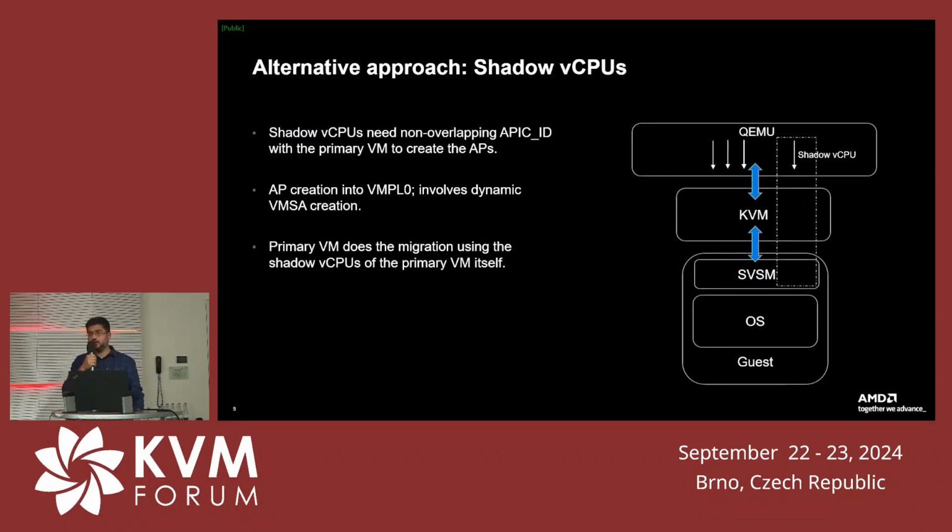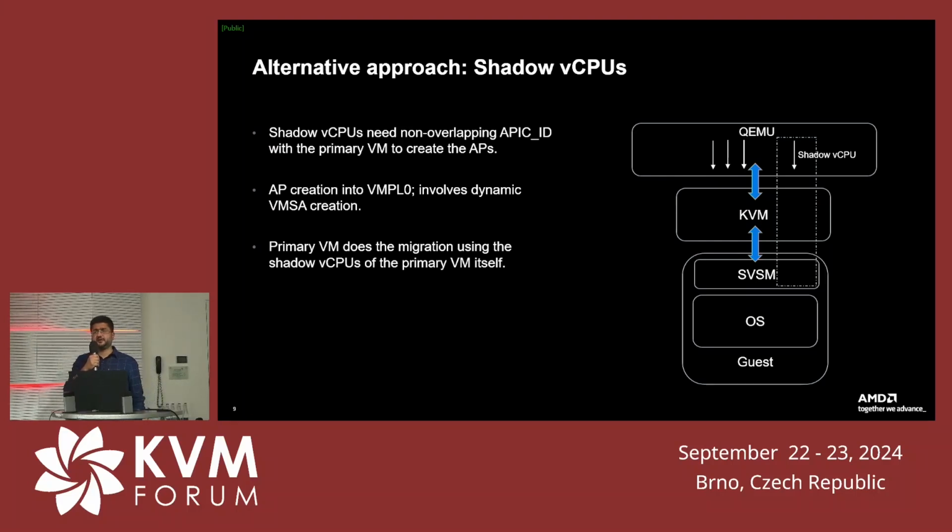So the alternate approach we are considering is spawning additional vCPUs, which we call shadow vCPUs. These shadow vCPUs just get added into the QEMU address space on the same KVM object, and as you can see from the dotted line, they are only visible up to the VMPL0 SVSM layer.